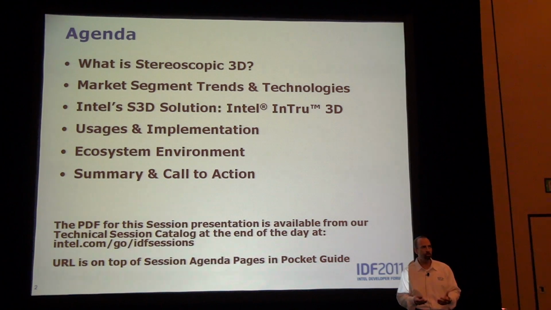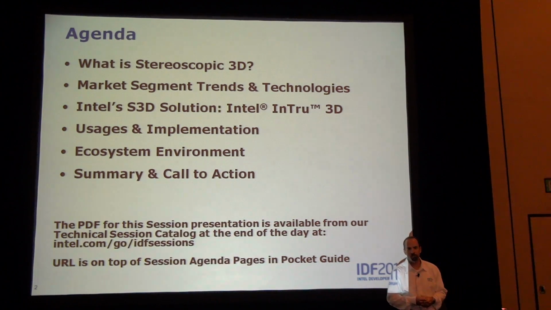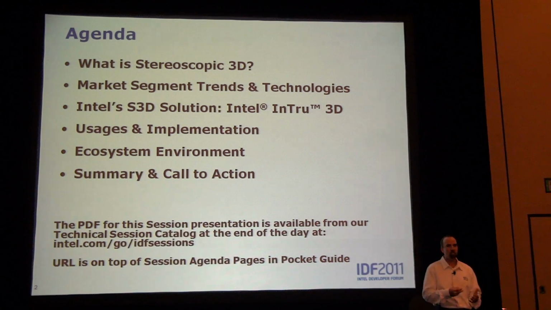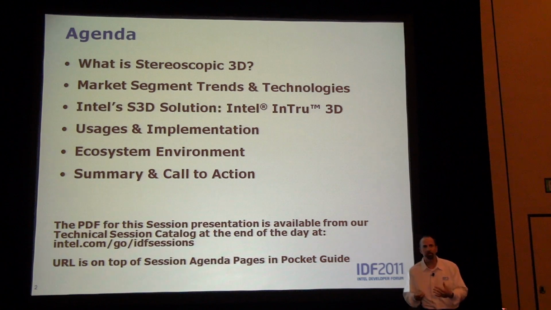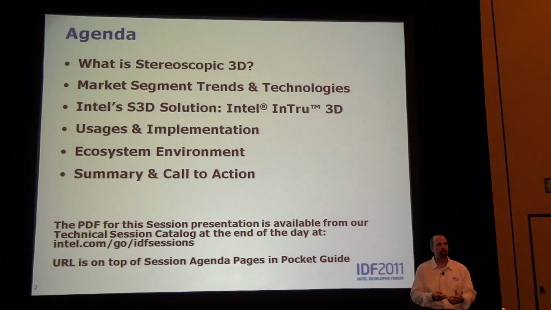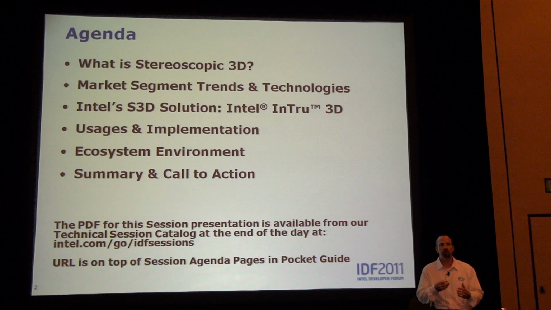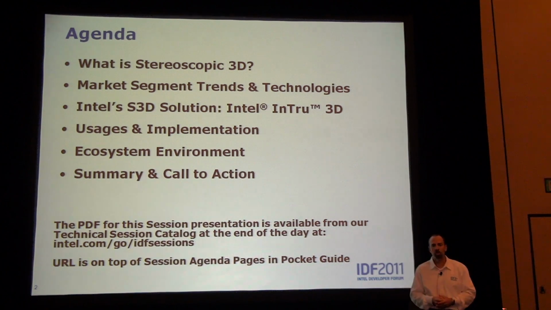We'll talk about what Intel is doing around Intel True 3D, which is the overall descriptor name for our 3D, starting with second-gen Intel Core, going into the future CPU graphics generations. We'll talk a little bit about usages, what usages we're going to be supporting within our Intel True 3D technology. We'll talk about implementation around how Intel is supporting various technologies, active shutter, the auto stereo, and so on.